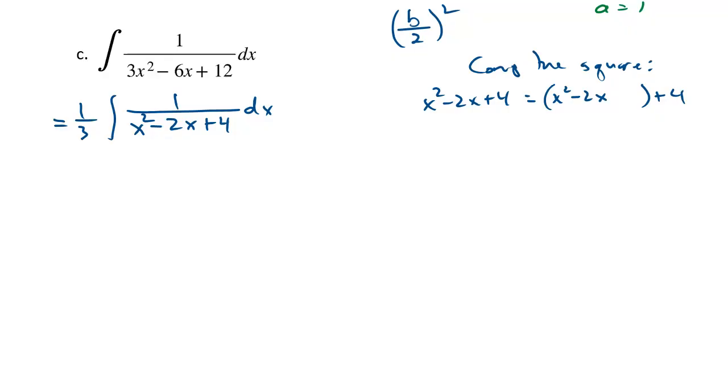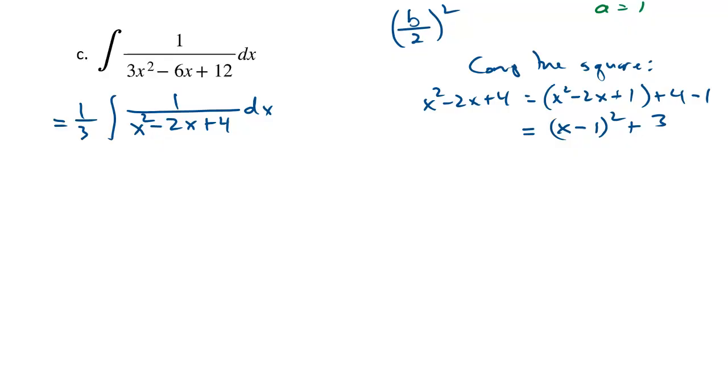Negative 1 squared is plus 1. So plus 1 on the end. And in order to get the plus 1 and the minus 2 in the middle, this would have to be x minus 1 squared. All right, so we added 1 on the right-hand side. You also have to subtract 1 on the right-hand side.